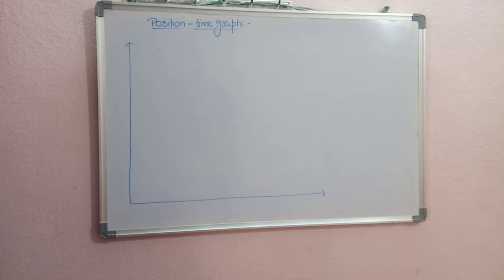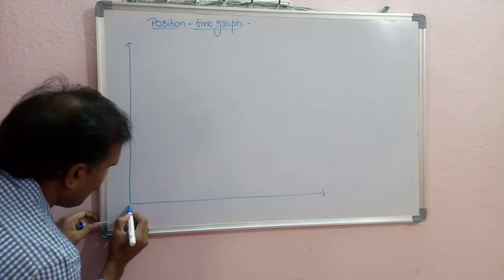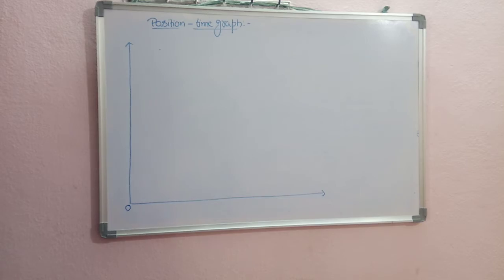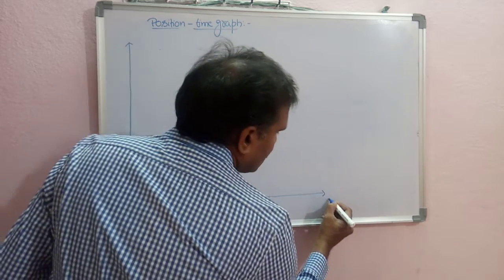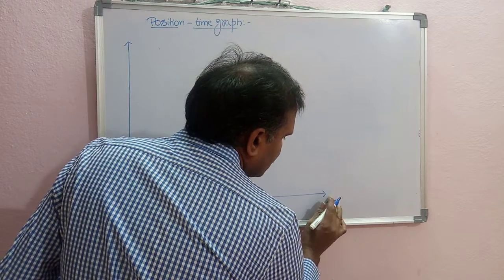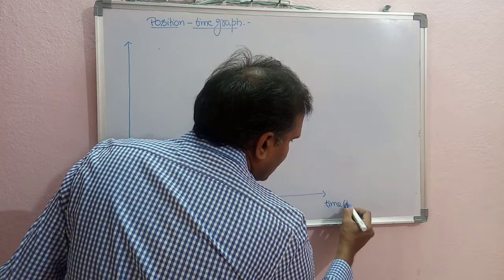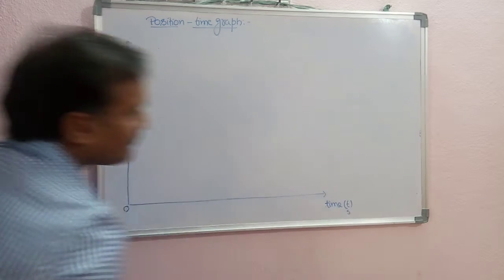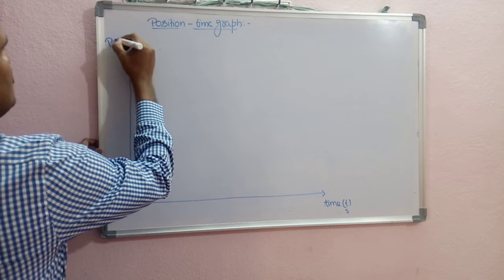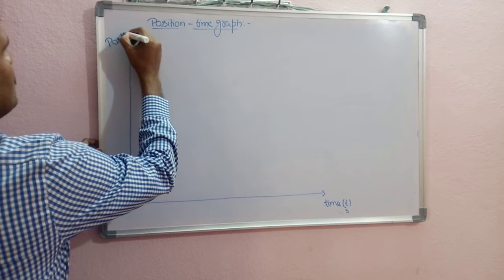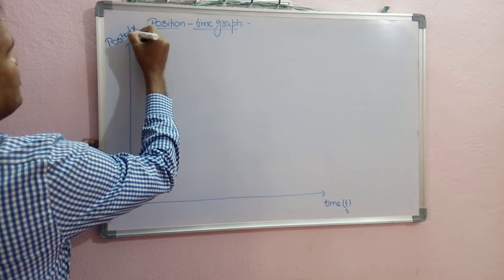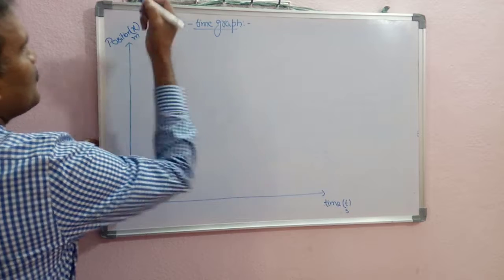The origin of the two-dimensional coordinate system is O here. This is the time axis, time in terms of seconds. This is position. You can assume it as x in terms of meters.